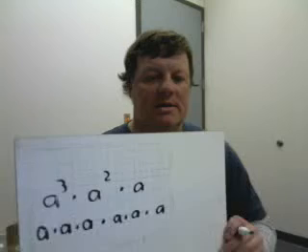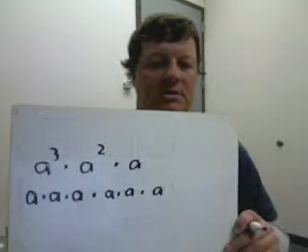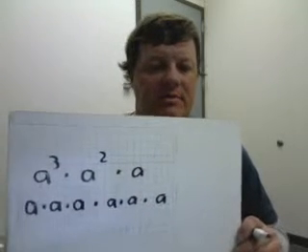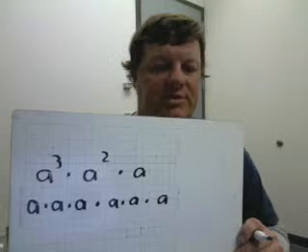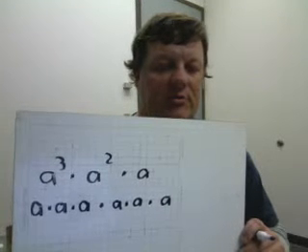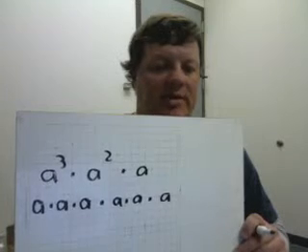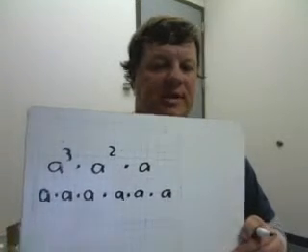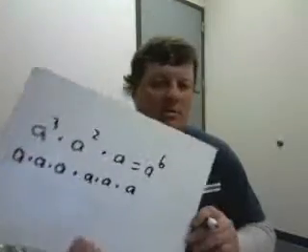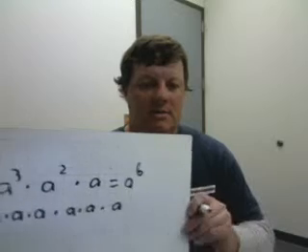So here's what it means. It means you have 3 a's being multiplied. Also, that is being multiplied to 2 more a's, and then that's being multiplied to 1 more a. And when we get the final answer in exponential form, we should get a to the 6th power, just like that.